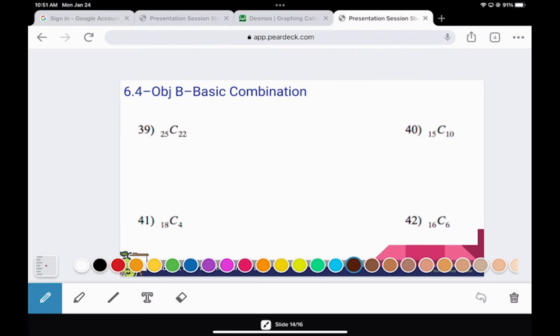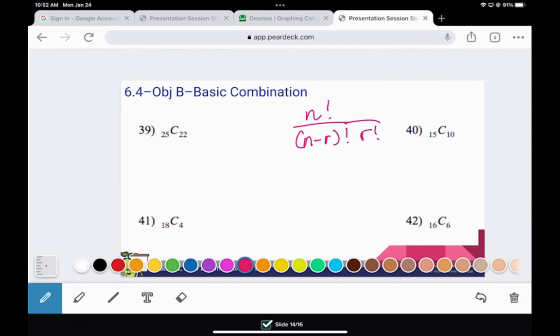Okay, combination. So this is 6.4b. Combination is when you have this formula: n factorial over n minus r factorial, r factorial. So that's a little bit different. If you have the formula in front of you, then use it.